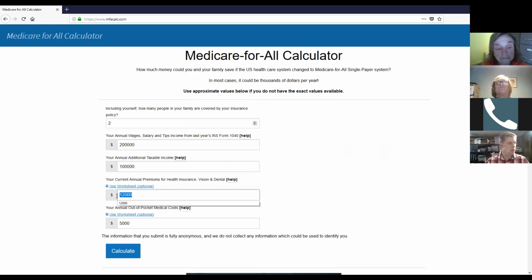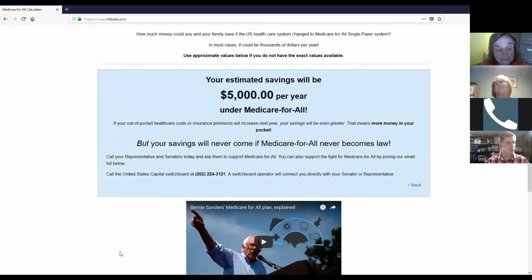We are going to say that their insurance premiums for their family are $12,000 a year, and out-of-pocket medical expenses of $5,000 a year. Calculate, and we can see that they're still going to save some money.